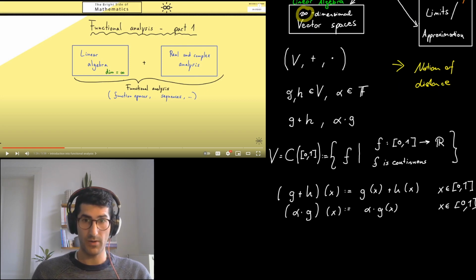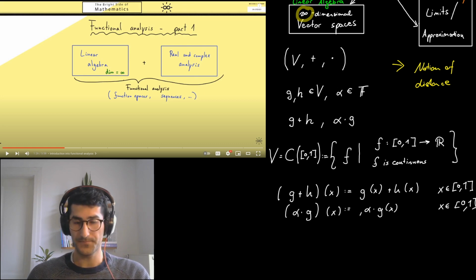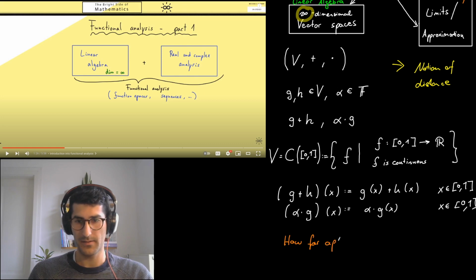So given our two functions g and h, how would we answer the question, how far apart are the functions g and h?